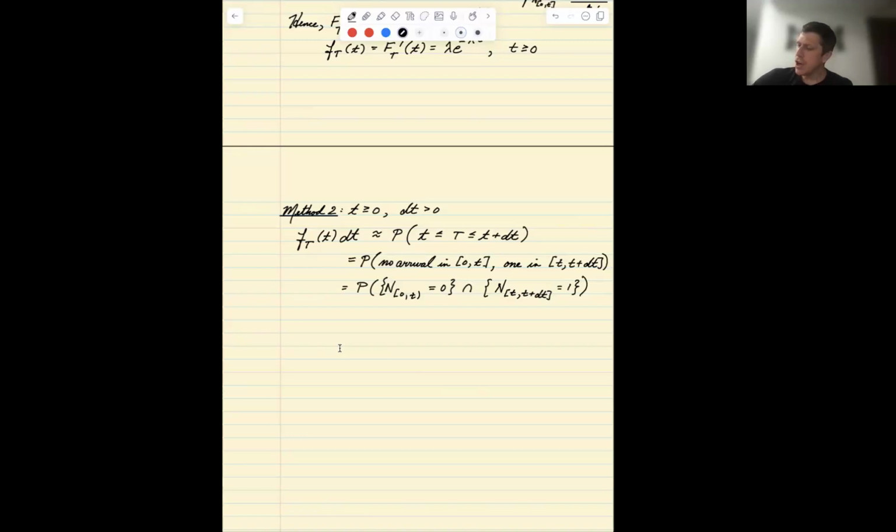But notice that these are non-overlapping. 0 to t does not overlap t to t plus dt. They're not overlapping, which means that by the Poisson process assumption, these counts are independent. So since these counts are independent, we have a product of the probabilities.